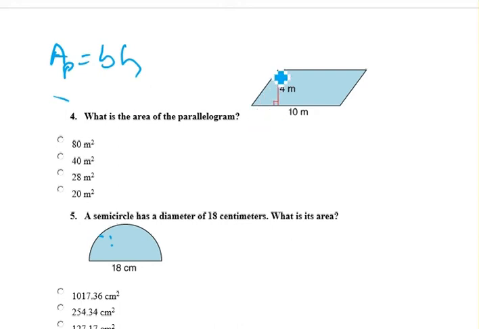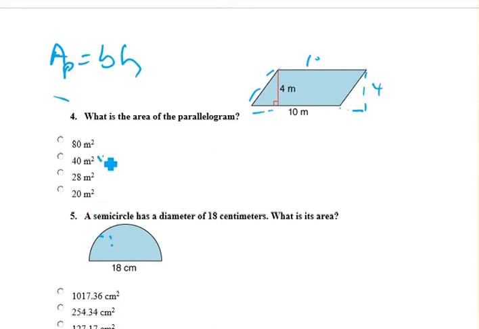Because what if we move this little piece right here and put it right here, then we'd have this perfect rectangle. So it'd be 4 by 10. That's why we use the formula for the area of a rectangle. But you got to know the height. You don't use this slant height. And 10 times 4 happens to be 40, and it's meters squared.